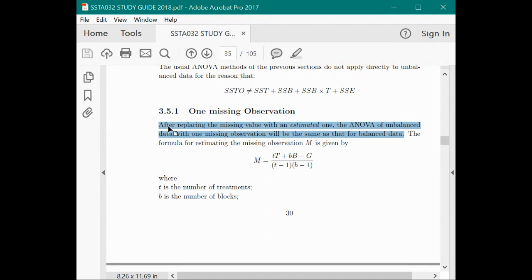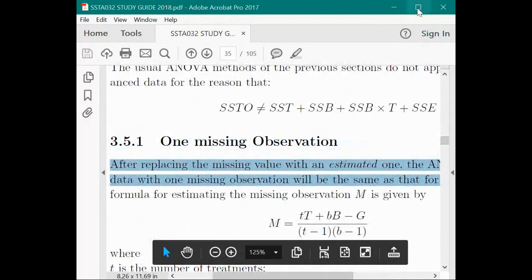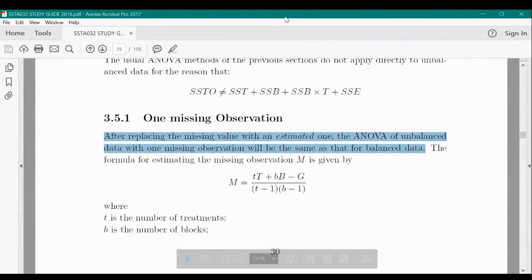Read the part that I highlighted now. After replacing the missing value with the estimated one, the ANOVA of unbalanced data with one missing observation will be the same as for the balanced data.